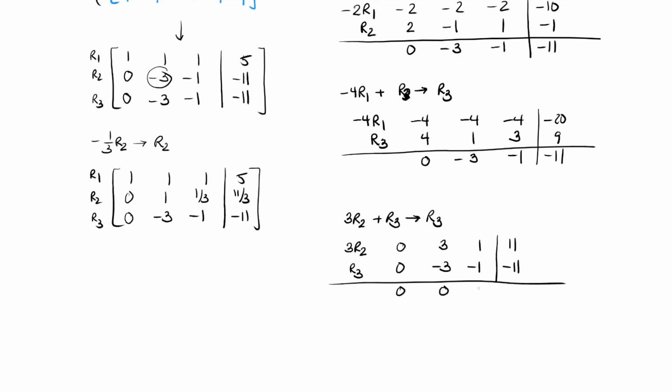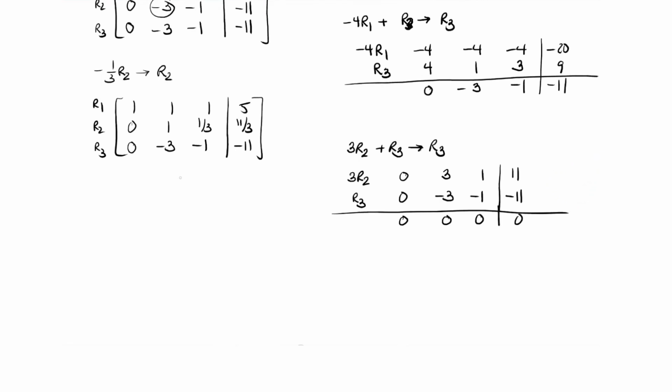The new row 3 is a bunch of zeros on both sides. Remember that that is a red flag for infinite solutions. When you have all zeros in one row, including on the right-hand side, that corresponds to a 0 equals 0 situation. So let's just write out the rest of this.